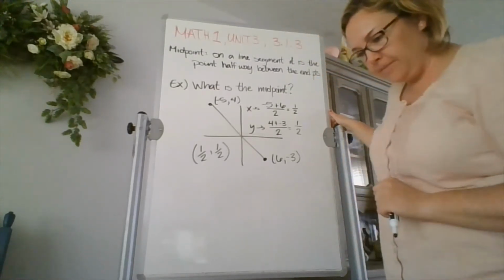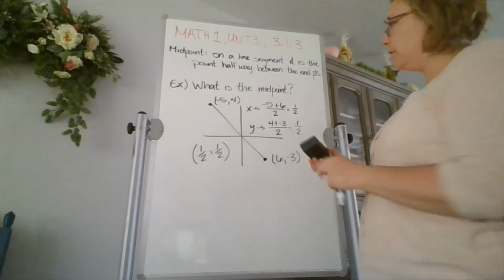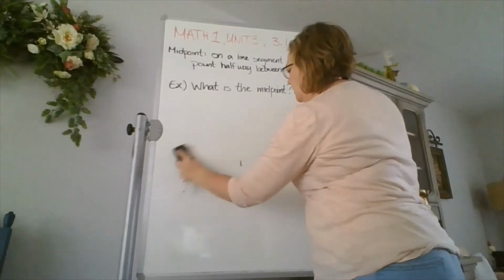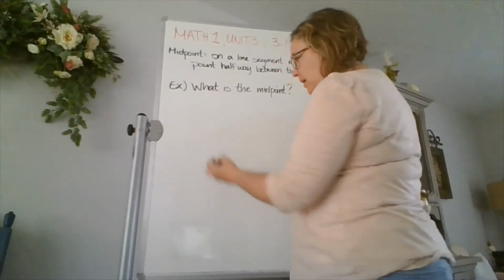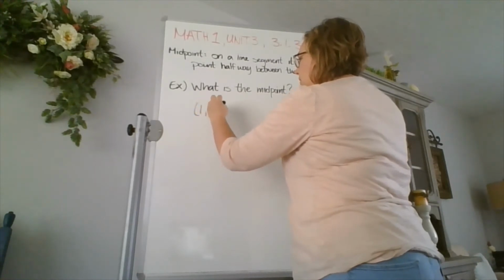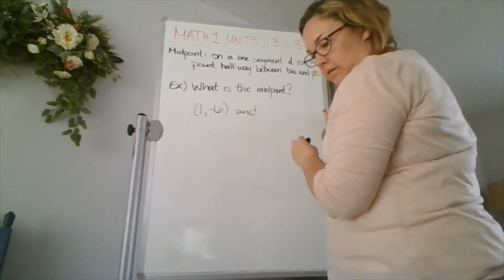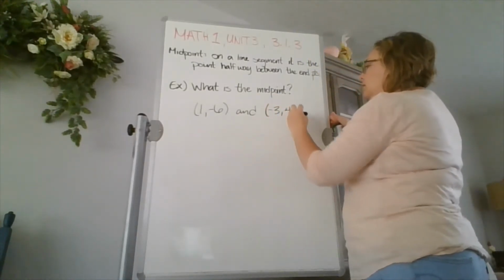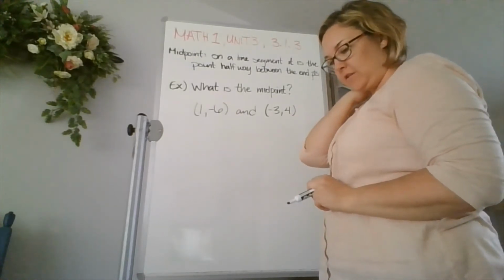Okay, perfect. So let's go over another one. Let's say that we don't have a graph. Maybe we're given 2 points. So we are given 1, -6, and -3, 4. These are the endpoints of our line segment, and we are asked to find the midpoint.